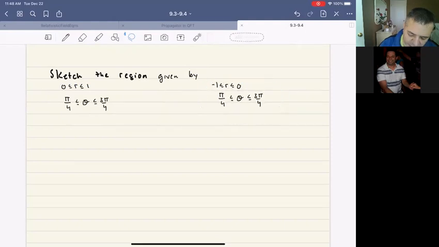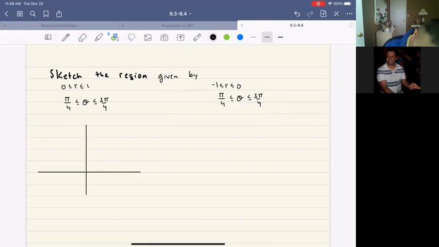Okay, let's start with over here. So now what I'm going to do, remember, theta is going to be the angle from the x-axis, right? So I'm going to draw a couple of lines here. So pi over 4 is over here. 3 pi over 4 is over here.